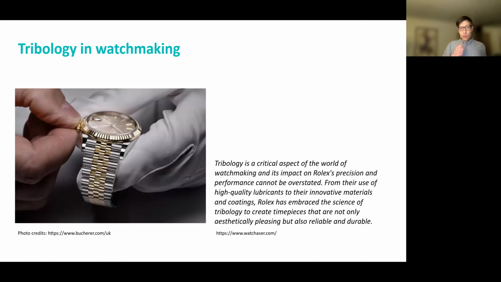For many years, there was a really great website by Rolex, specifically on tribology. A couple of years ago, it disappeared. I don't know why. But as a tribologist, I really liked that page, because Rolex was describing tribologists like artists, like people who really make watchmaking possible by extending the lifetime of the mechanism.